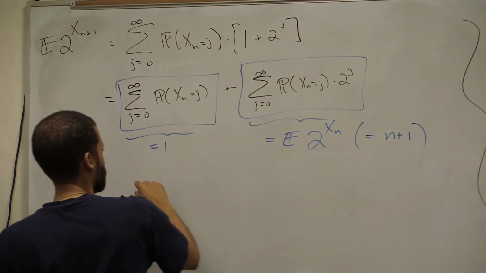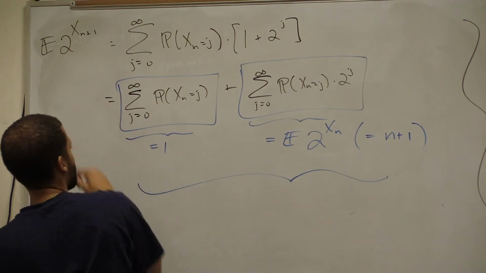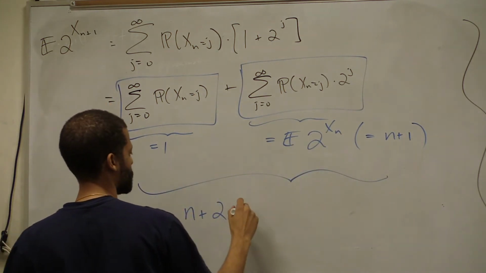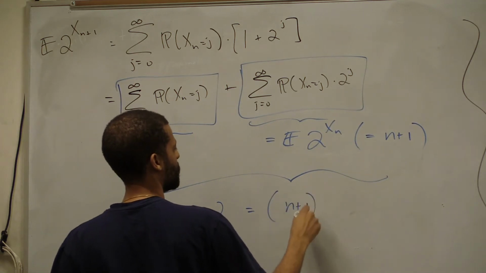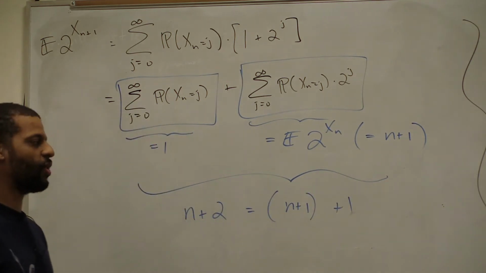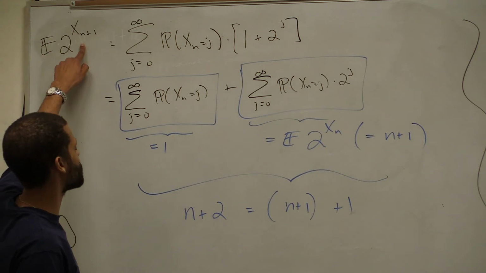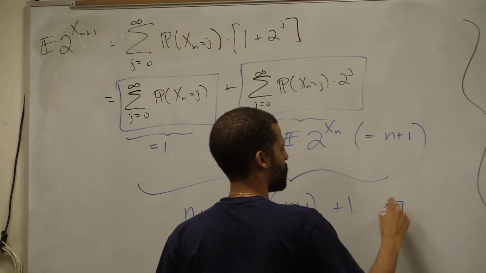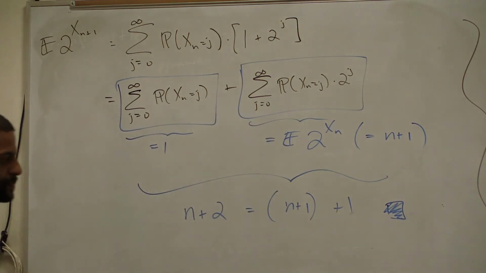Therefore, overall, this expectation is n plus 2, which is n plus 1 plus 1. That's exactly what we wanted to show with our induction, so we're done.